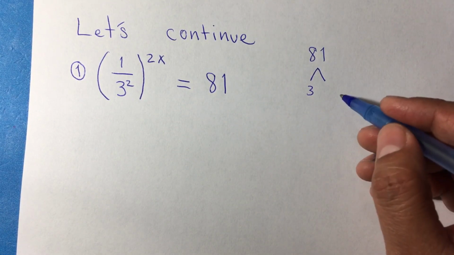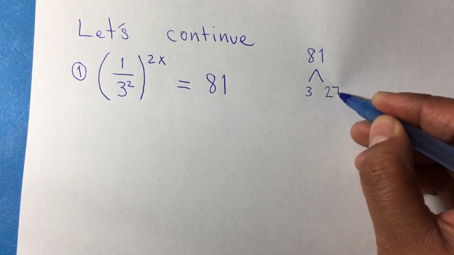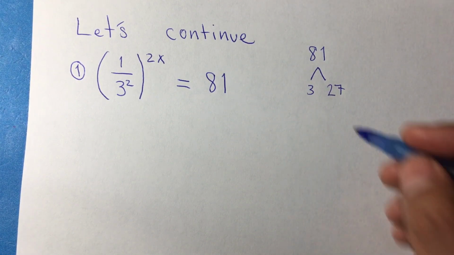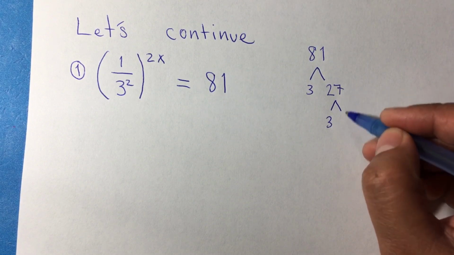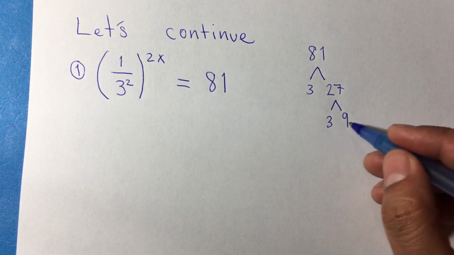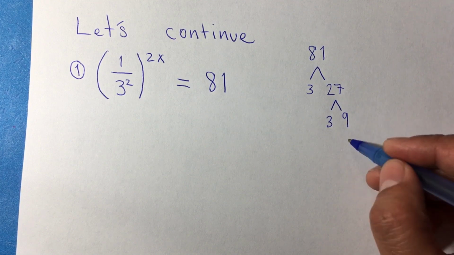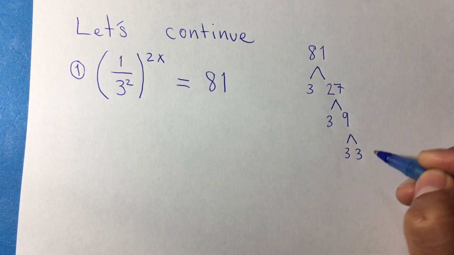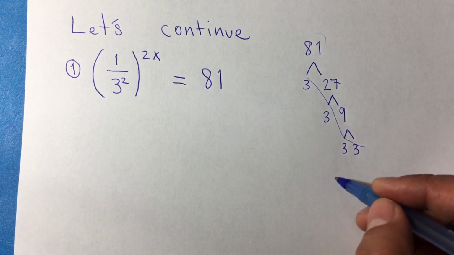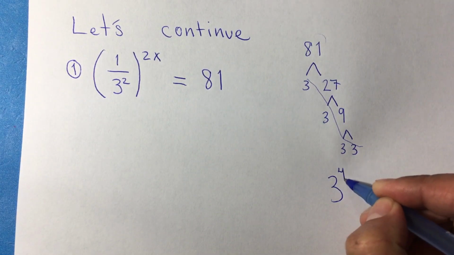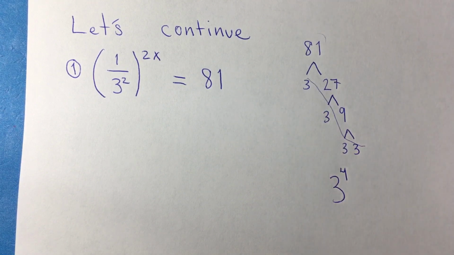81 divided by 3, that's 27. If you don't know, use your calculator. Divide by 3, and now you get 9, because 3 times 9 is 27. And then 9 is 3 times 3. I noticed that the 81 is 3 to the 4th power, because you have 3 times 3 times 3 times 3 is 81.